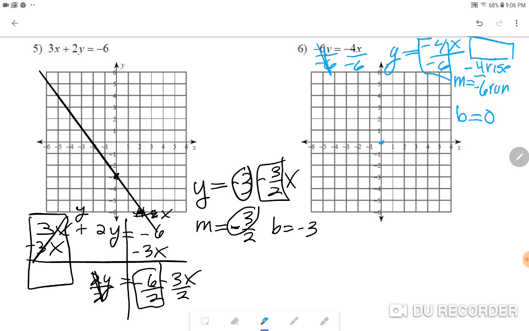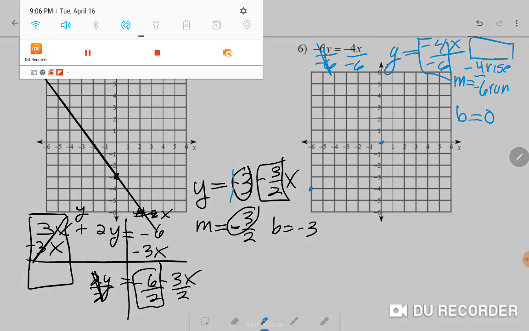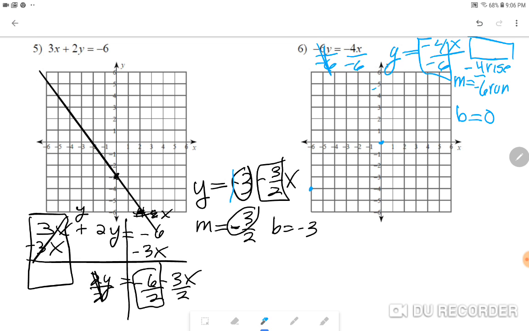Now my rise is negative 4, and because it's negative, I move down 4 units. 1, 2, 3, 4. And my run is negative 6, is negative, so I should go to the left. 1, 2, 3, 4, 5, 6. Now, take your ruler, connect those points, and that'll be your answer.